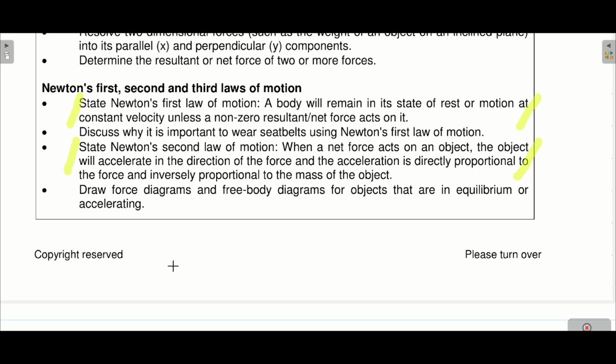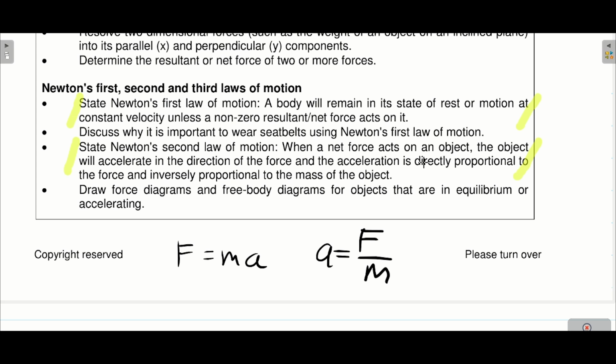The best way to remember this is to recall the formula F equals ma and make the acceleration the subject of the formula. So you'll have force directly proportional and mass inversely proportional. So let's go through it again.